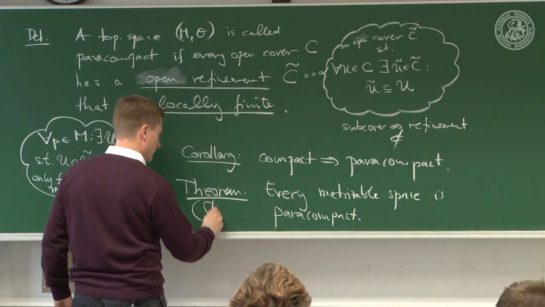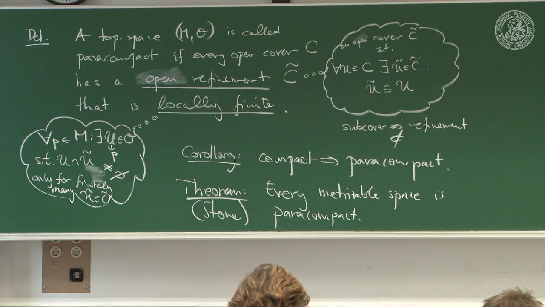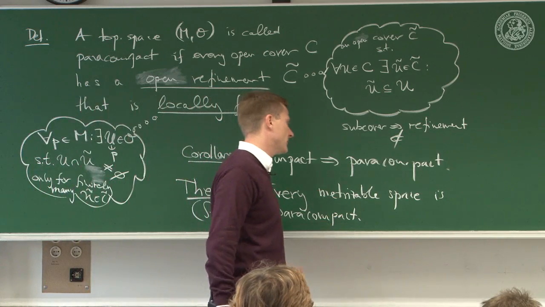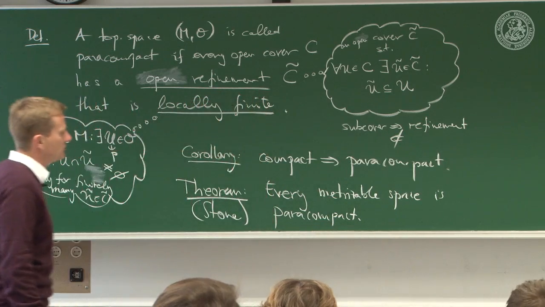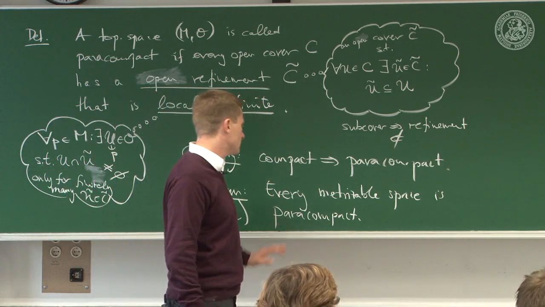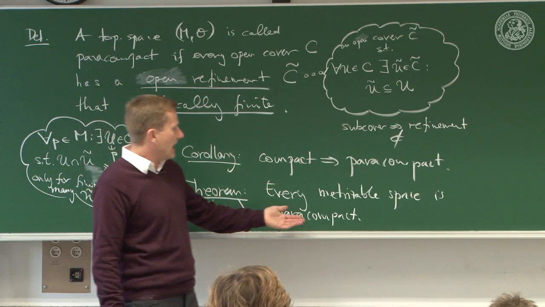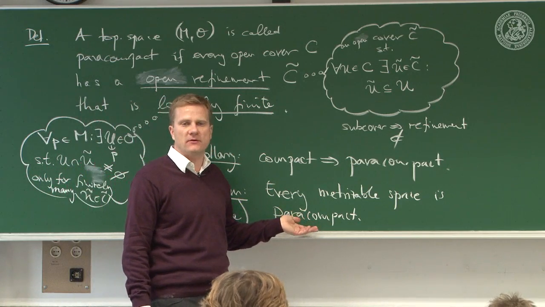This is due to Stone. Metrizable obviously means that you can equip it with a metric that then induces the topology. Every metrizable space is paracompact, and that already shows you how generic this notion of paracompactness is.